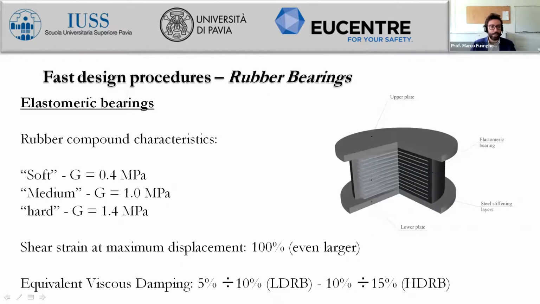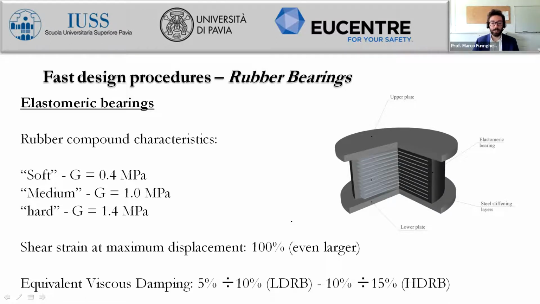So now we have to start with the elastomeric vector. Let's start with the very first technology that we have considered, and this is exactly the same slide I've shown in the first lecture, just to remind the main characteristics of this typology.